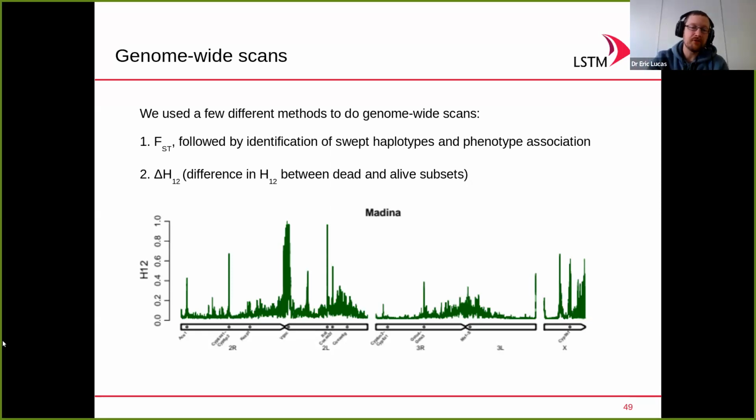So you can plot H12 across the genome, and we calculated H12 across the genome separately for dead individuals and for alive individuals, and we took the difference. The idea is that in a region where there has been strong selection associated with resistance, the alive individuals will be dominated by that single haplotype and have a high value of H12, whereas the dead individuals will have a mixture of other haplotypes and a very low signal of H12.